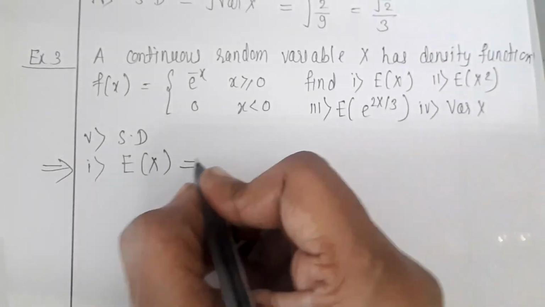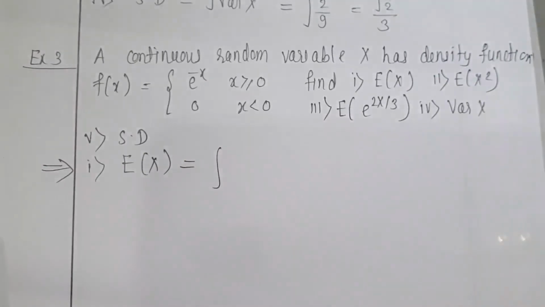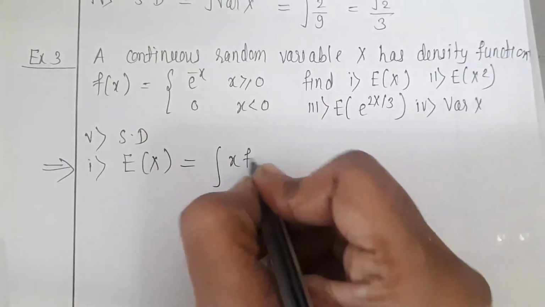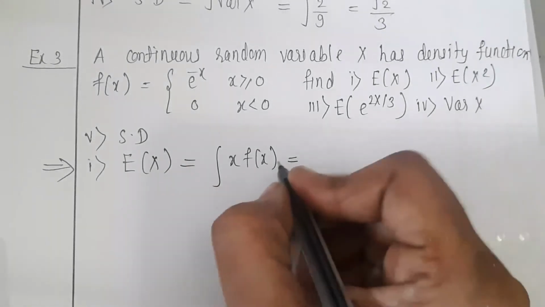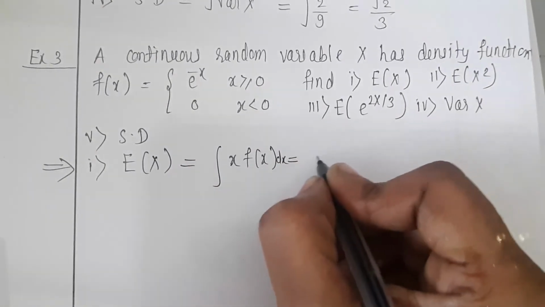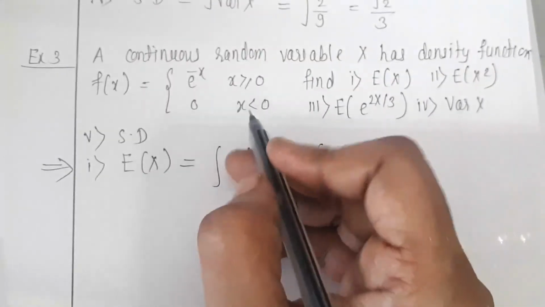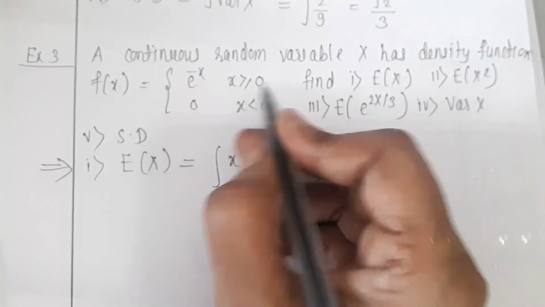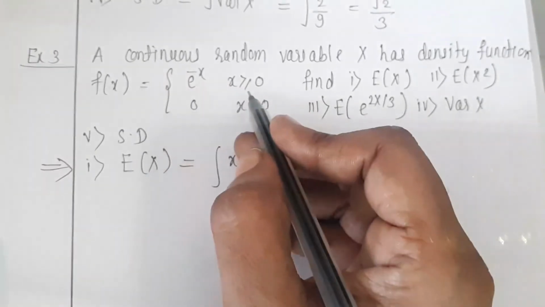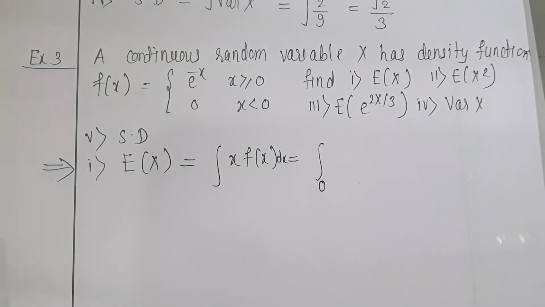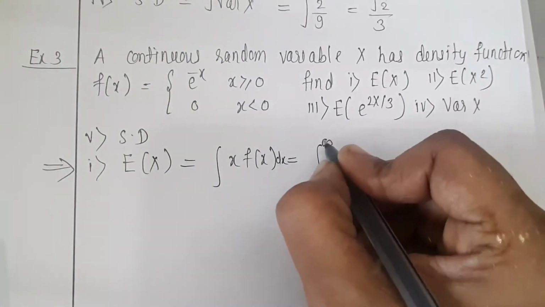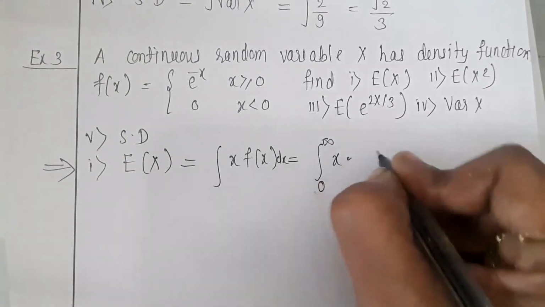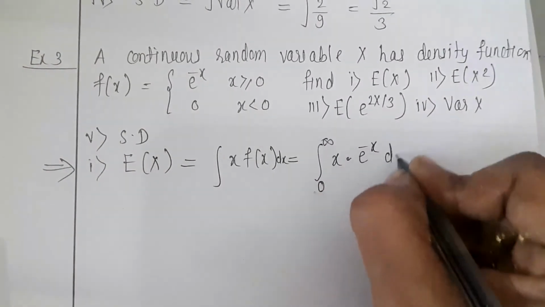Expectation of x, the formula becomes integration of x multiplied by f of x dx. For x less than 0 the function is 0, and for x greater than or equal to 0 it has some value. So it starts from 0, and since the upper extent is not given, up to infinity. It is x multiplied by f of x, which is e to the power minus x, into dx.